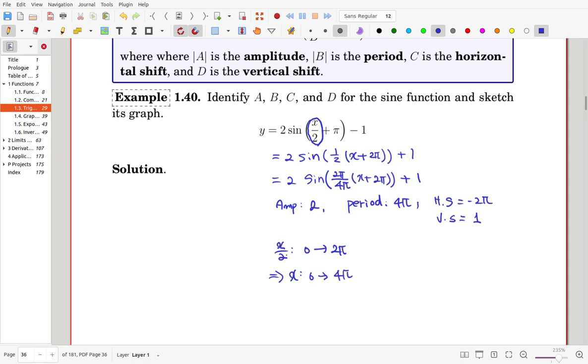So by multiplying by 2, once x is moving from 0 to 4 pi, then the function makes a whole cycle, which means that the function has a period of 4 pi. We already know that here the period is 4 pi. You can find the period in this way. Of course, the amplitude is quite easy to find, and the shift components are also easy to find by manipulating the given function in this way.